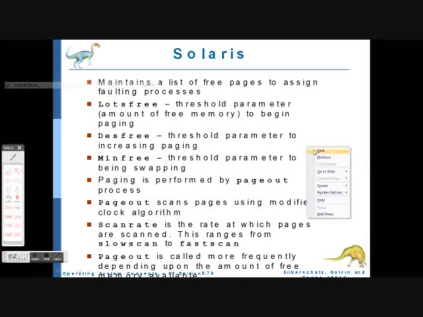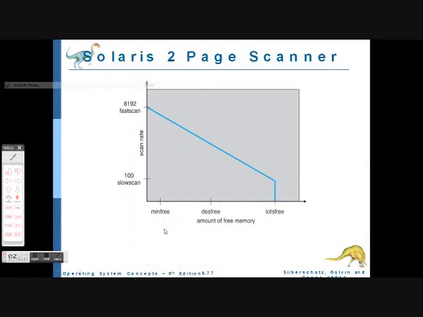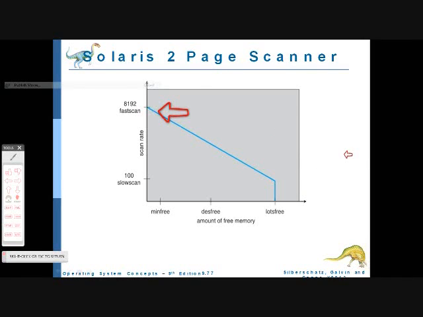Let's move to the next slide. The next slide has something to do with a graph, this one. As you can see right here, if there is a small amount of free memory, then a fast scan has to be implemented.